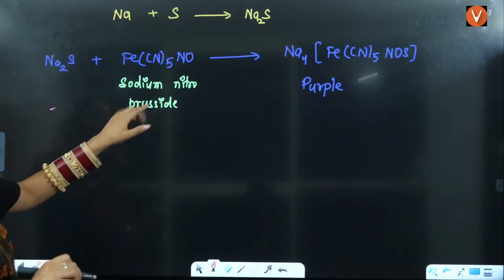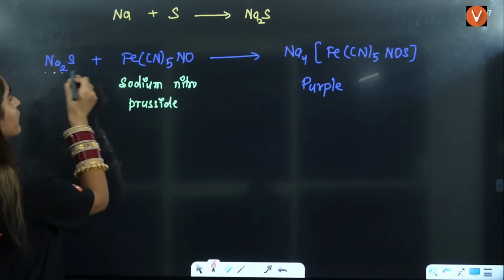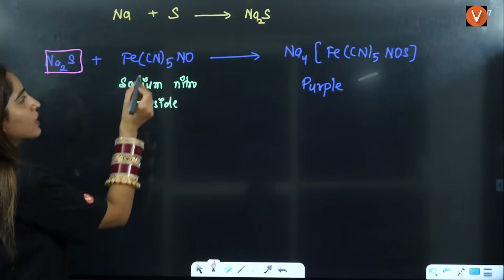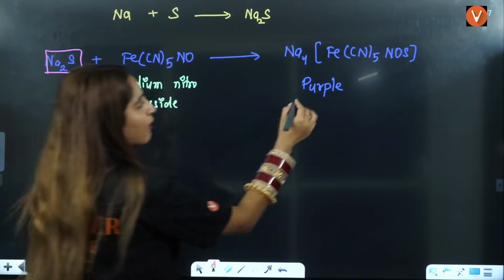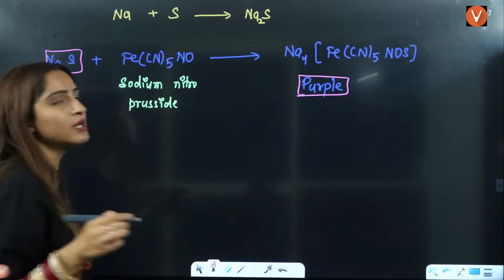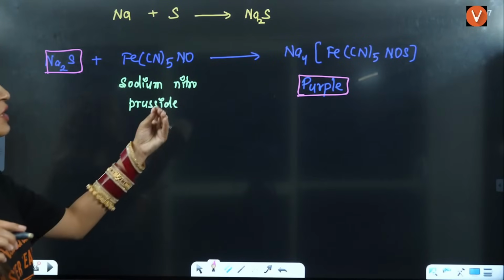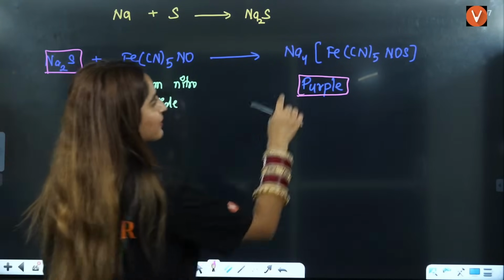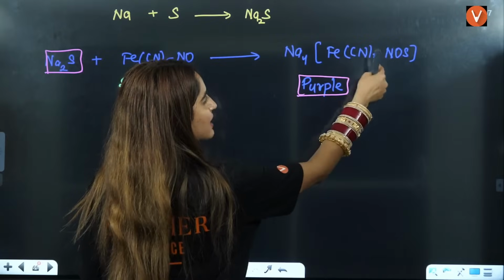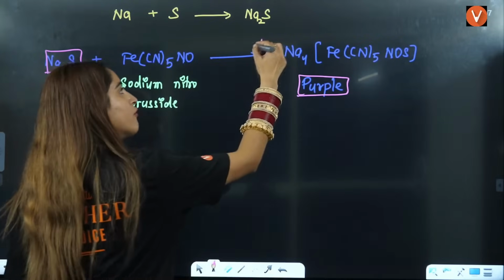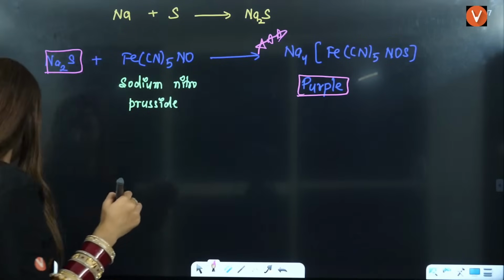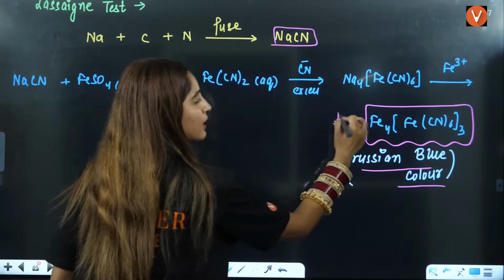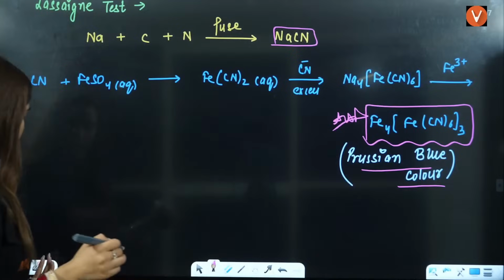Okay, if you have sulfur, in that case you will have Na2S, where in this reaction you will have the preparation of a purple or violet color compound, that is Na4[Fe(CN)5NOS]. This is also a very important compound, right?